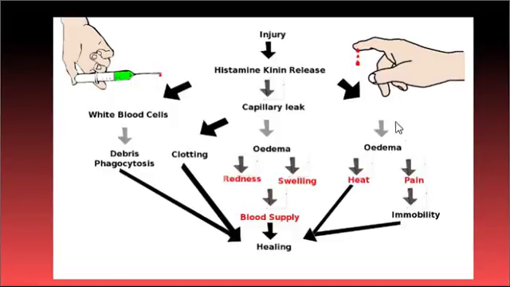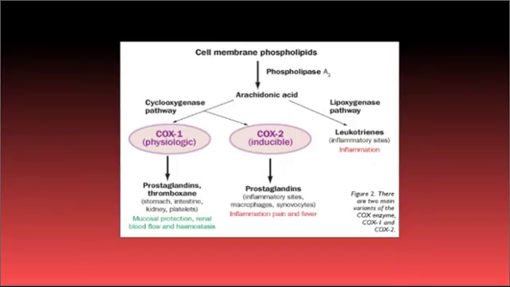And that's because all this fluid has accumulated to promote the healing process. And the pain causes you to decrease your mobility of the affected site, which actually is your body's way of allowing it to heal.